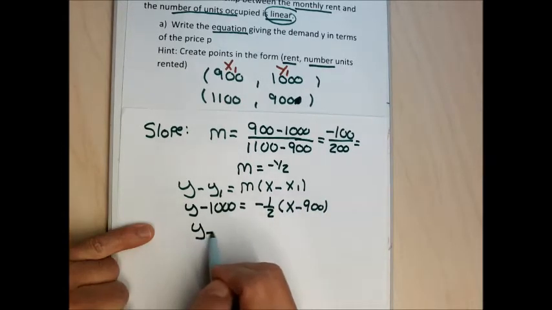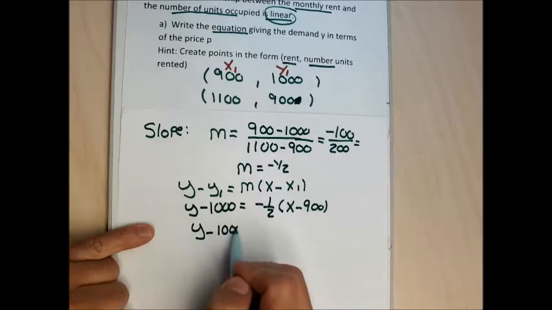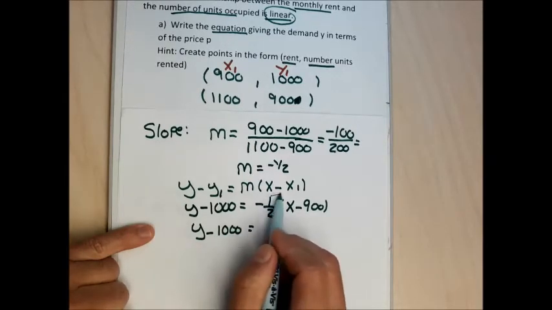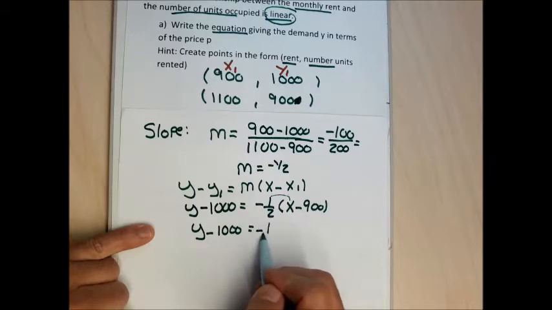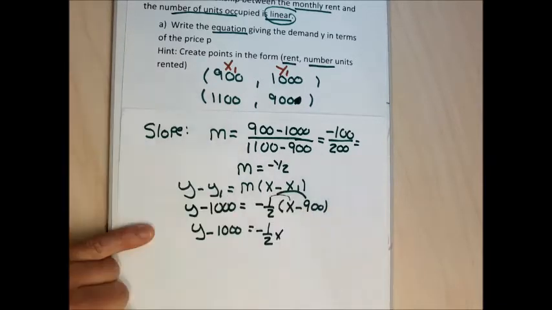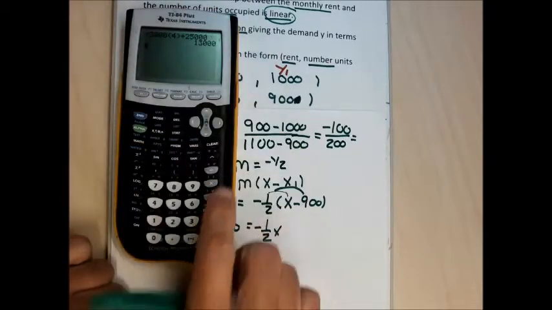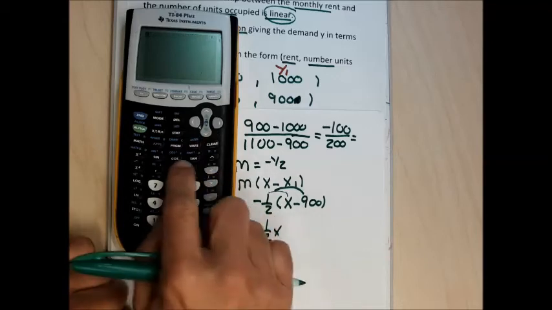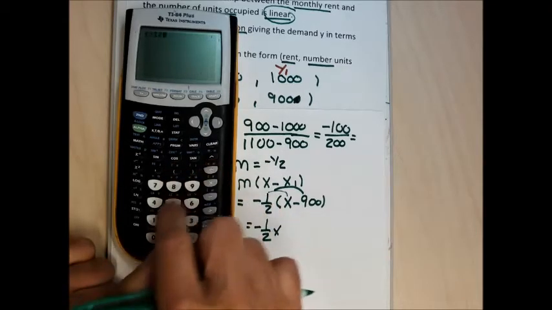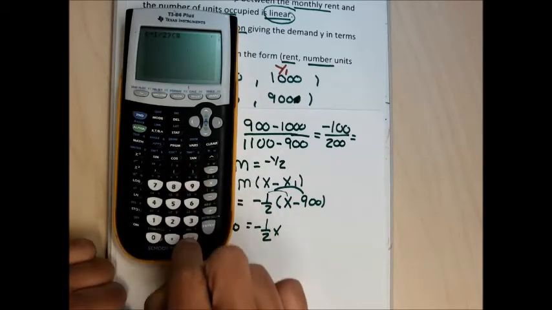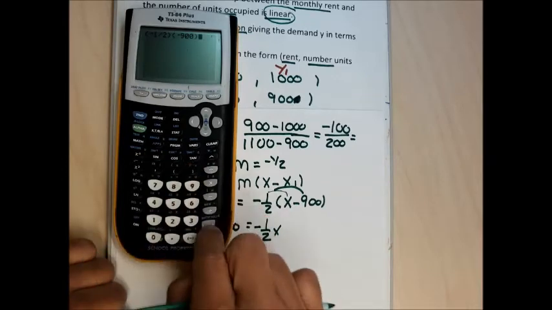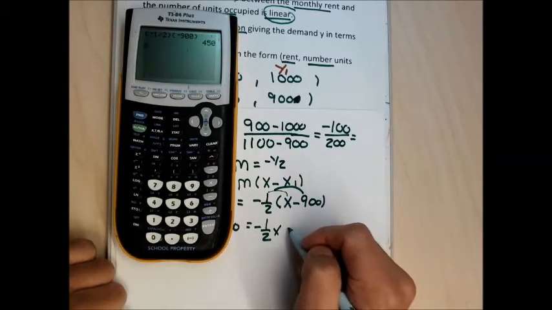Left-hand side, I'm going to leave y minus 1,000. The right-hand side, I'm going to clear the parentheses. I'm going to go negative 1/2 times x, and then negative 1/2 times negative 900. I know that's positive 450, but if you didn't know that, clearing the parentheses needs me to take negative 1/2 and multiply it by negative 900, and when I do that, I get positive 450 on the right-hand side.